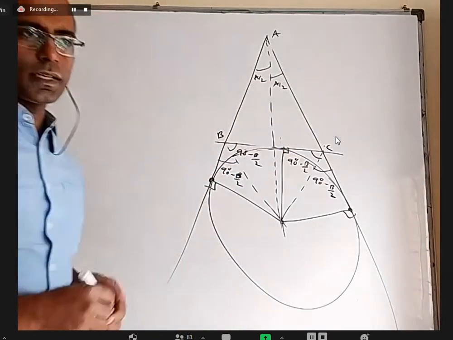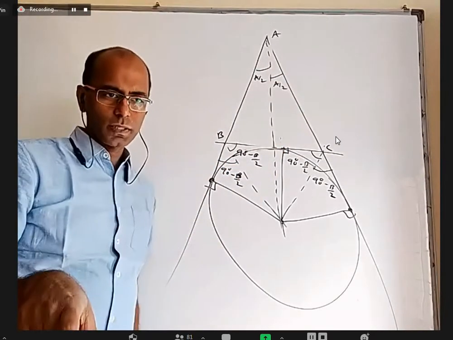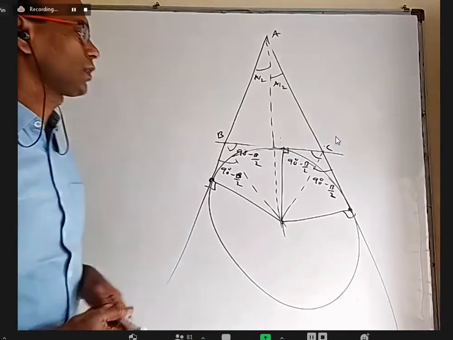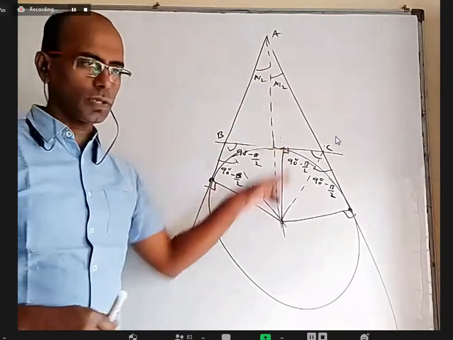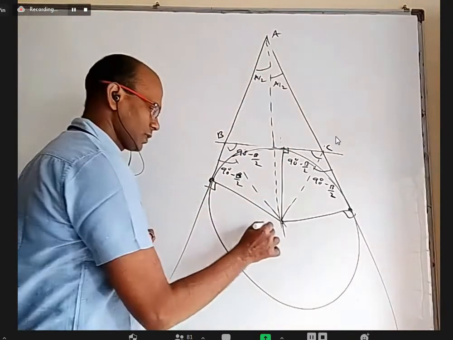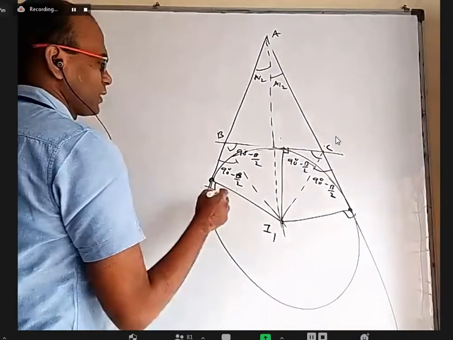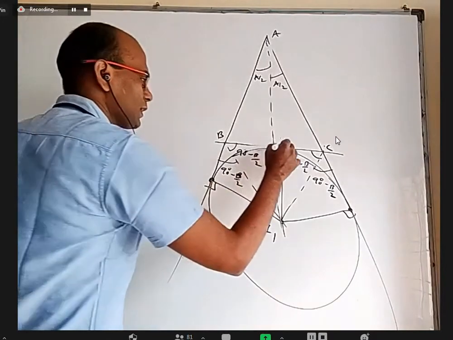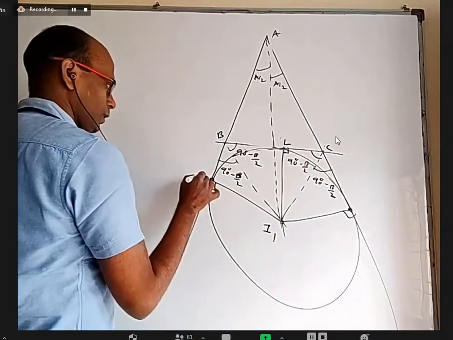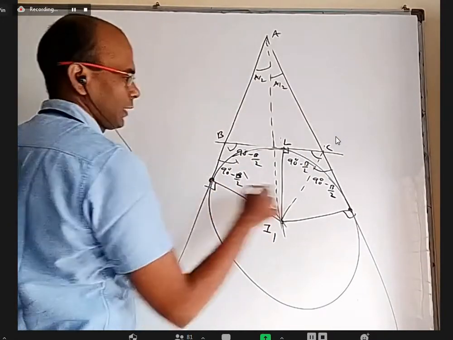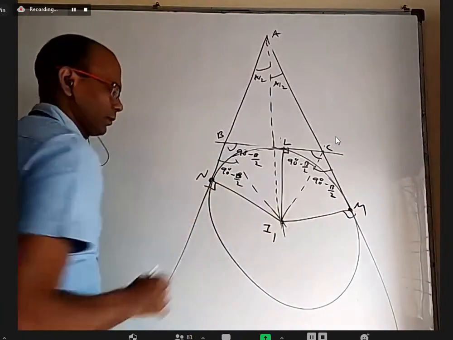All of you know the incenter is the point of concurrence of internal angular bisectors, and the excenter is the point of concurrence of one internal bisector and two external angular bisectors. This is I1. The names we gave earlier: this I think I gave L, this is M, and this is N.